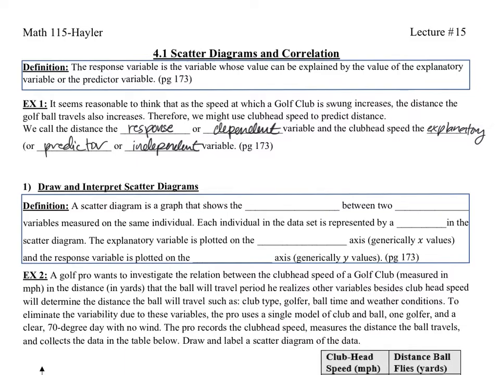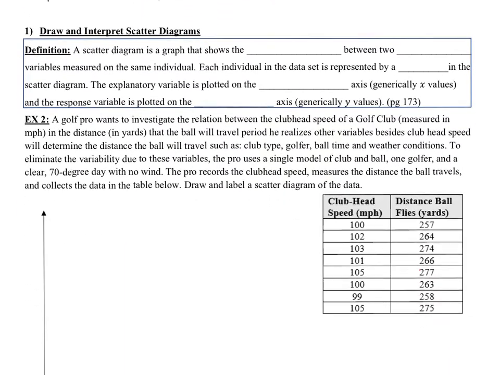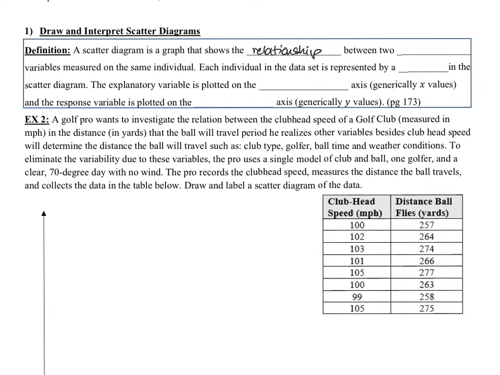Alright, so for Objective 1, draw and interpret scatter diagrams. A scatter diagram is a graph that shows the relationship between two quantitative variables measured on the same individual.